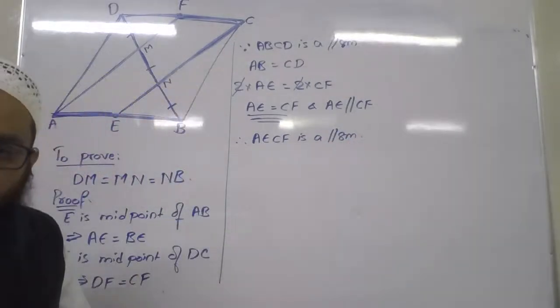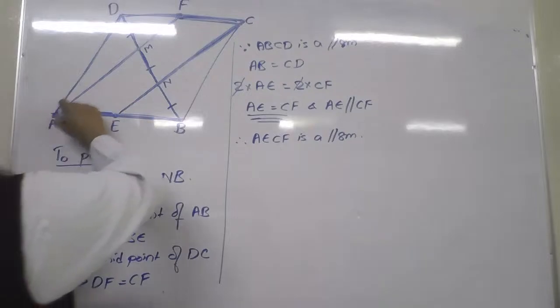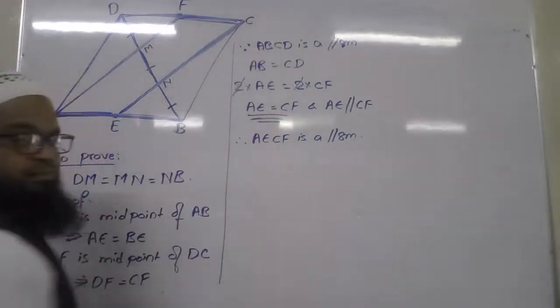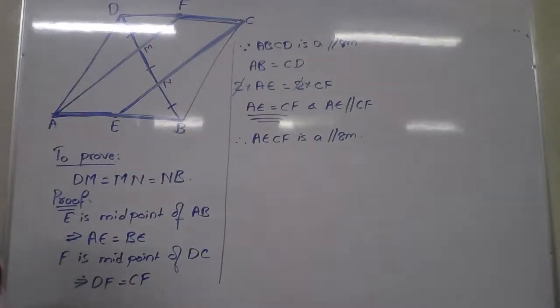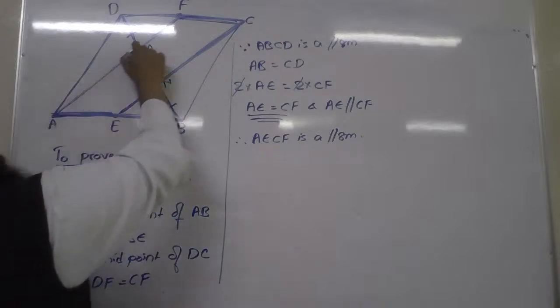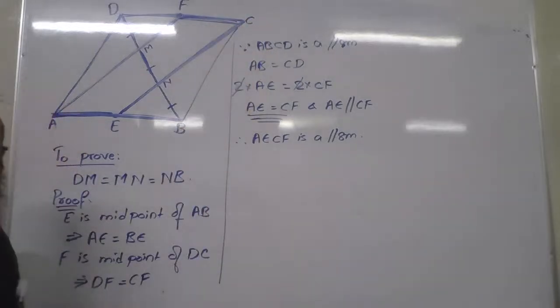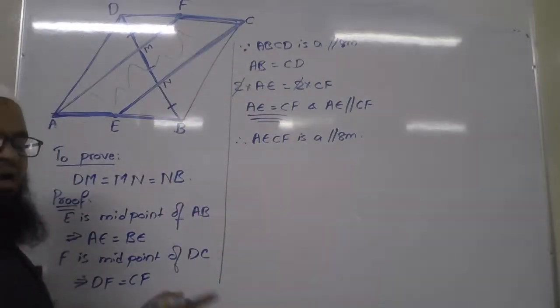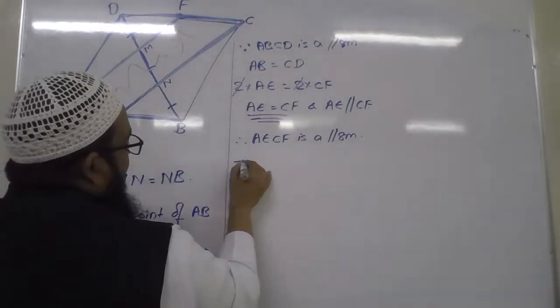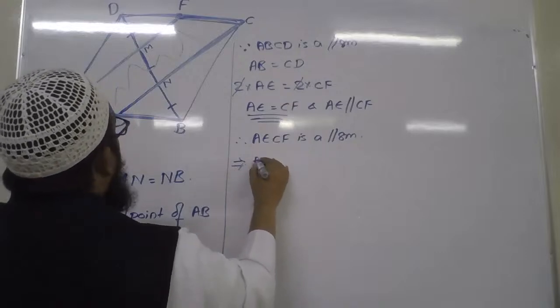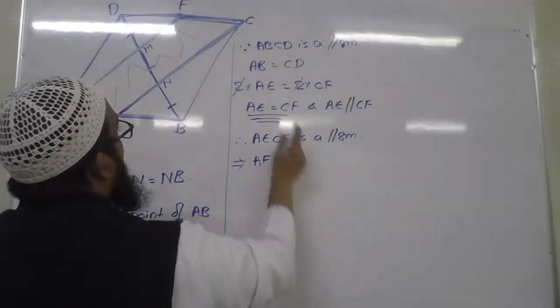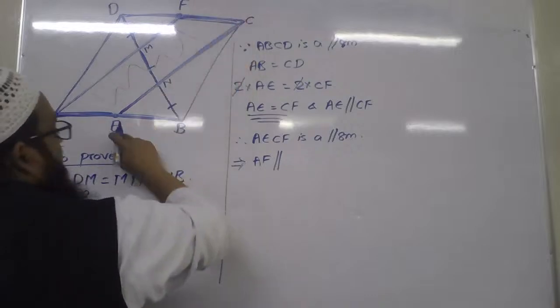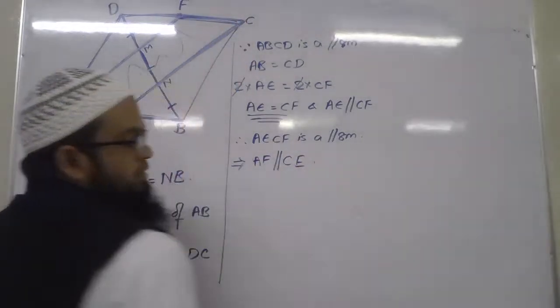So once we prove it is a parallelogram, what will you say about AF and EC? Since this is a parallelogram, they are equal and parallel. Very good. So that implies AF is parallel to CE.